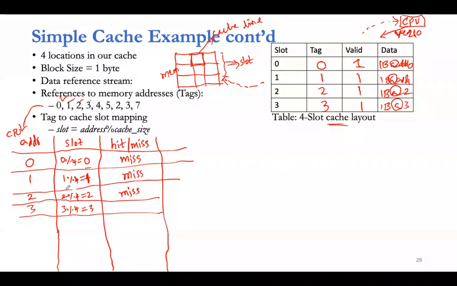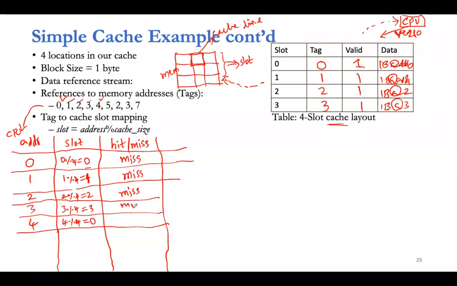So the next one is 4. The CPU requests the memory access for cache line 4. What is the dedicated slot for that? The tag to cache slot mapping gives 4 modulo 4, that is 0.